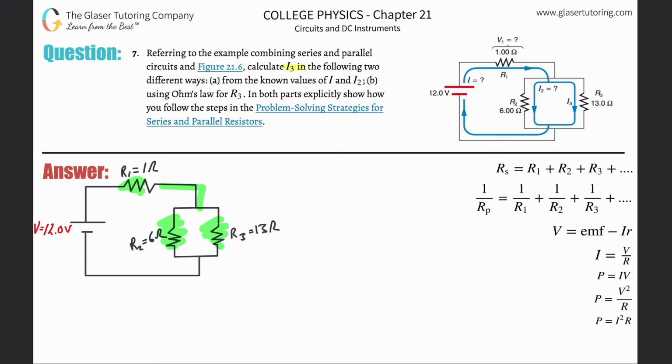So those two pieces are in series. Also, to further complicate matters, these two resistances are in parallel with each other. Notice that I'm talking about relative relationships. This resistance is in series with these two.